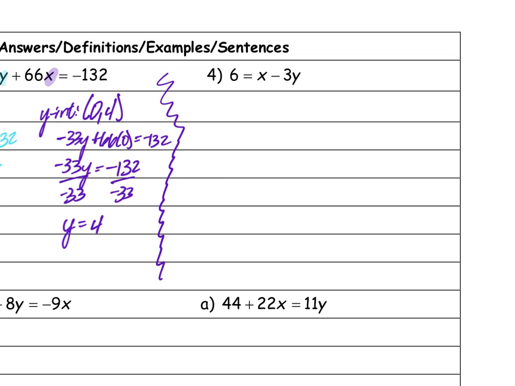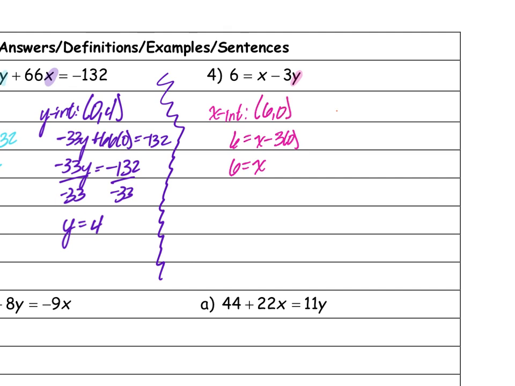All right, so same thing. We're doing exactly the same thing. So the x-intercept is where I'm going to set y equal to 0. So here's my y. So I've got 6 equals x minus 3 times 0, or 6 equals x. So my x-intercept is 6, 0.